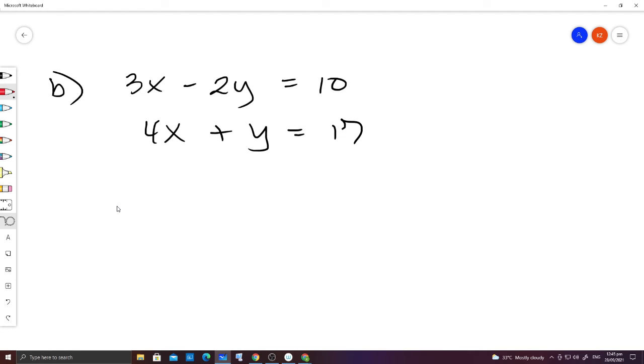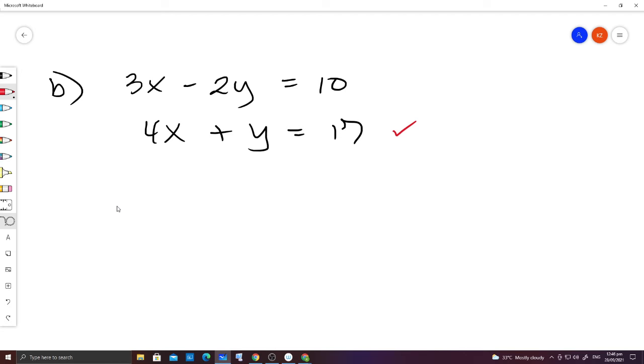Okay, by substitution method, can I ask Isari? If I want to rearrange this equation, what will be the second arrangement or the second version of this equation?